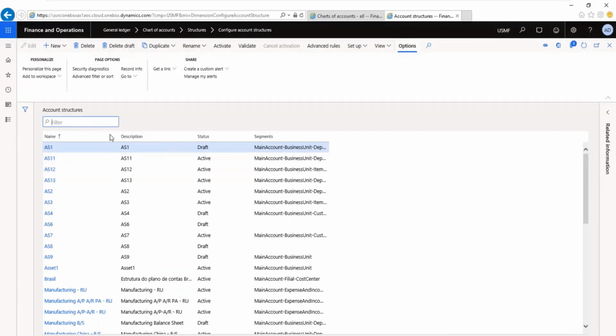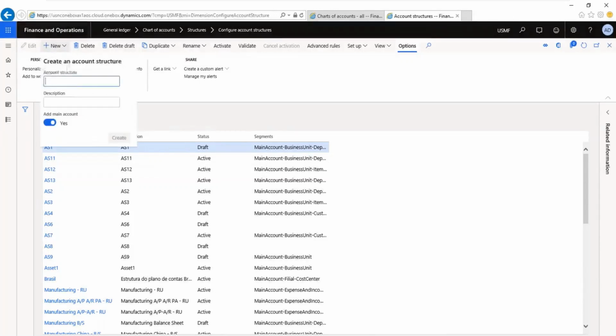Here you can click on New and create an account structure. Suppose I'm creating account structure 14. The add main account checkbox is enabled. Click create.